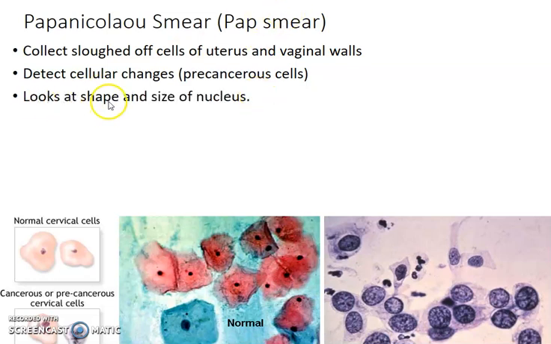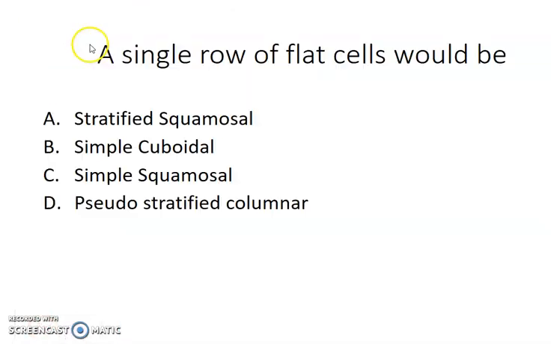So they look for the shape of the nucleus and the size of the cells. And back when I made this slide, it was women are supposed to get checked every year over the age of 18. I do not know what it is currently, because obviously I'm not getting pap smears done every year. So you should go to the doctor frequently and have this done to make sure you don't have cancerous cells.